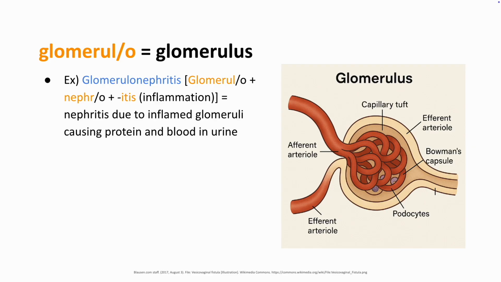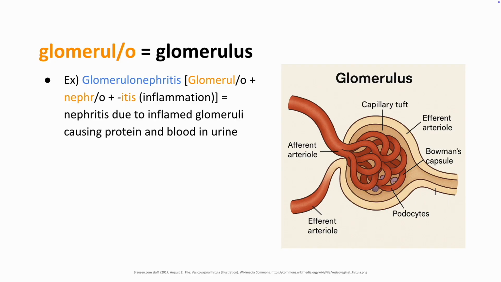Everything's filtered out first. And then as we go on, those will either be reabsorbed back, or more things that need to be secreted will be secreted back into the urine down the line. So that's glomerulus.